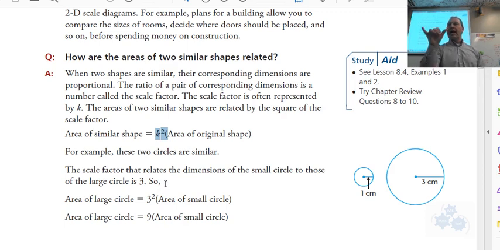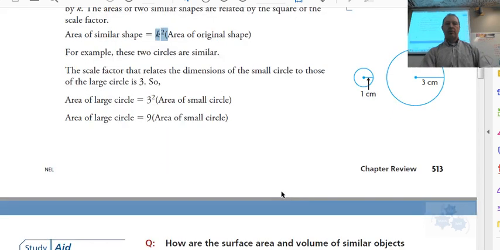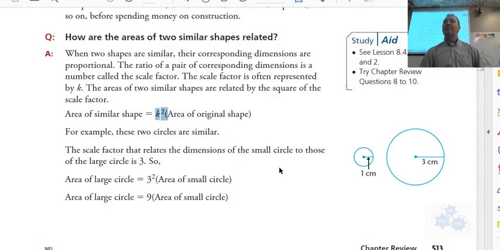So if we're comparing areas of similar objects, the area of the original one would be times k squared to get the model or the similar shape. Any questions about that? Area k squared.